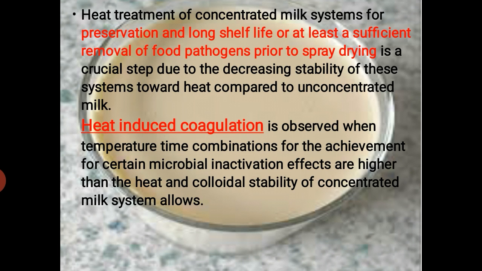Heat treatment of concentrated milk systems for preservation and long shelf life, or at least a sufficient removal of food pathogens prior to spray drying, is a crucial step due to the decreasing stability of these systems toward heat compared to unconcentrated milk. Heat-induced coagulation is observed when temperature-time combinations for the achievement of certain microbial inactivation effects are higher than the heat and colloidal stability of the concentrated milk system allows.